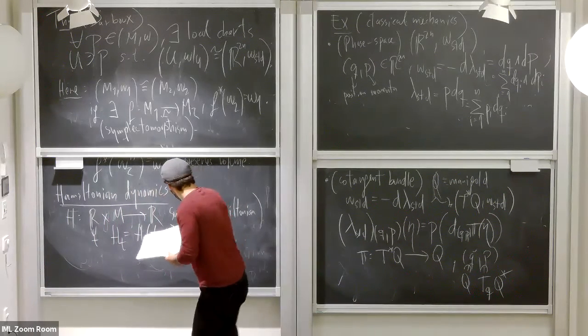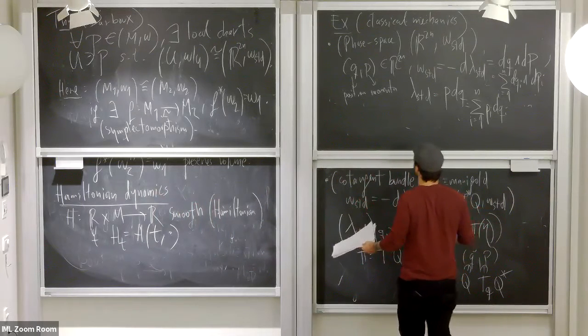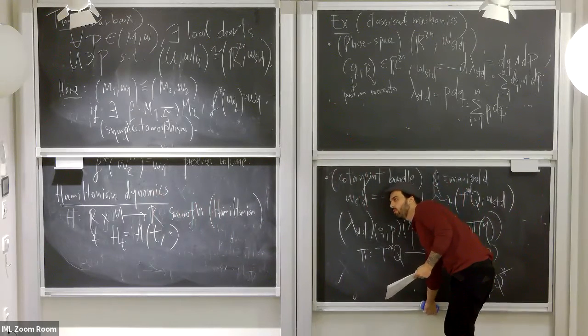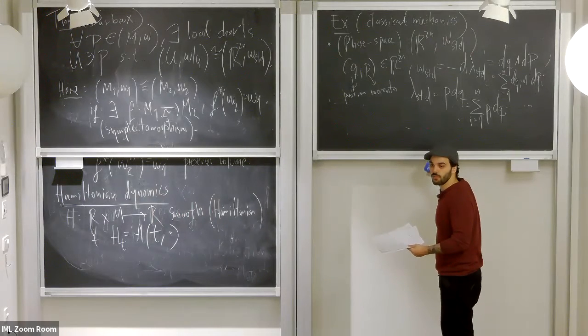If you start with a Hamiltonian function, an energy function for some mechanical system, the Hamiltonian formalism is supposed to spit out a vector field, a dynamical system.